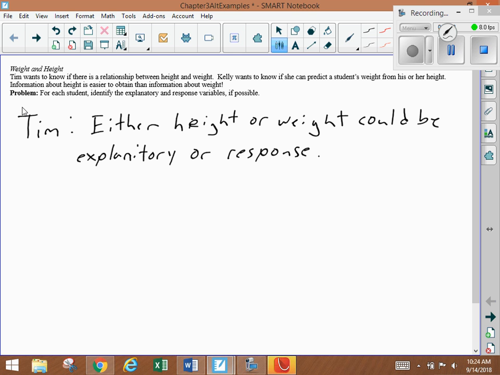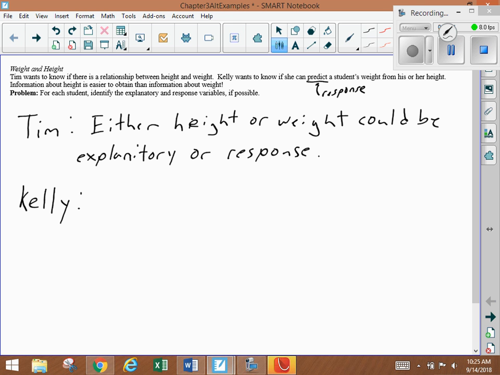All right, and Kelly. She wants to see if you can predict a student's weight from his or her height, right? In other words, does height determine weight? So this is the word right here, predict. Predict tells me that this is our response variable. Our response variable is always a prediction.